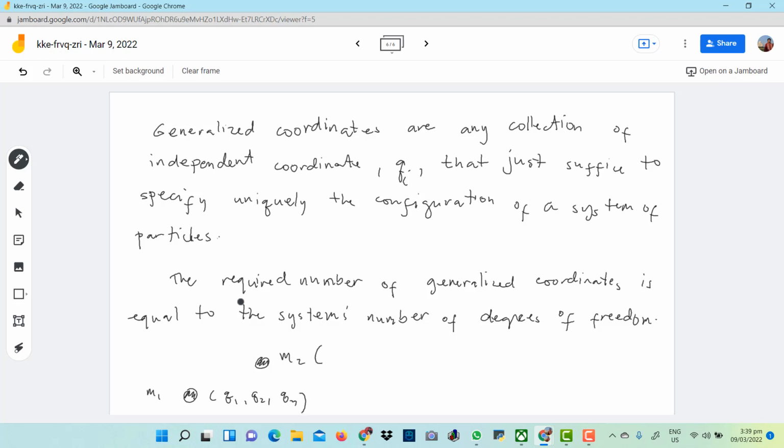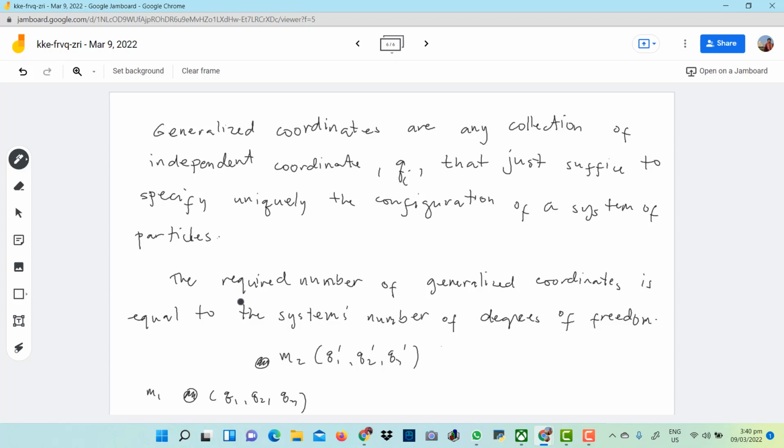And then M2 has coordinates q1 prime, q2 prime, and q3 prime. So how many degrees of freedom do I have? 6. Also, I have 6 generalized coordinates: q1, q2, q3, and q1 prime, q2 prime, and q3 prime. Okay?